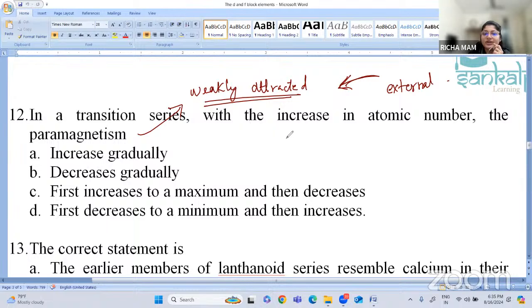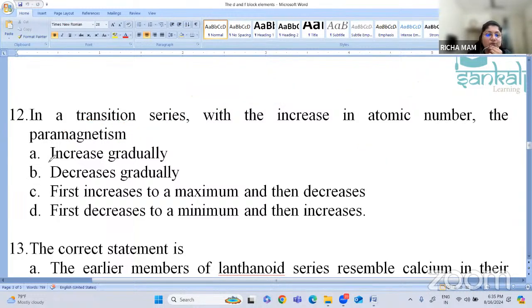As you move from left to right, what will happen to the paramagnetic behavior? Paramagnetism is shown by the elements which have unpaired electrons. Unpaired means when you have single electrons, there is no pairing taking place. Shri Varuni has answered it as C. What about others?